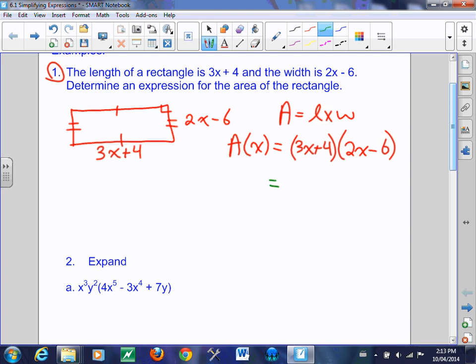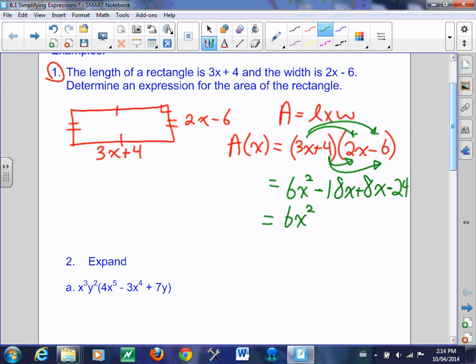So we're going to use FOIL, which is first, outside, inside, and last. So doing that, you're going to have 6x squared minus 18x plus 8x minus 24. And then don't forget to collect like terms, ladies and gentlemen. So it's going to be 6x squared minus 10x minus 24.